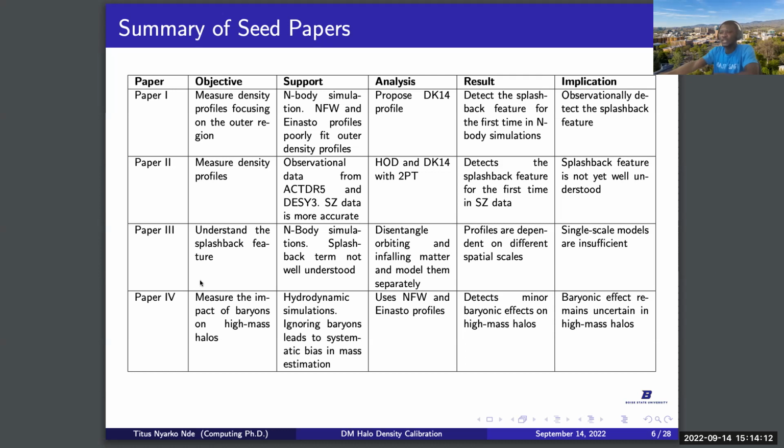Paper 3 is also focusing more on understanding the mass distribution in this splashback feature. They also use data from N-body simulations, but they present an algorithm that separates the particles in the inner region from those of the outer region.